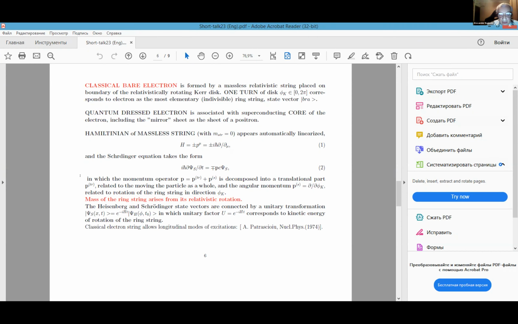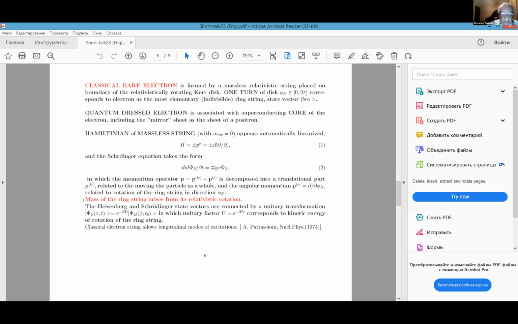In this case, the momentum vector is decomposed into a translation part related to the particle moving as a whole, and angular momentum related to rotation of the ring string. The mass of the ring string arises from the relativistic rotation.